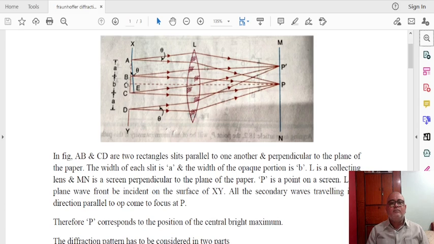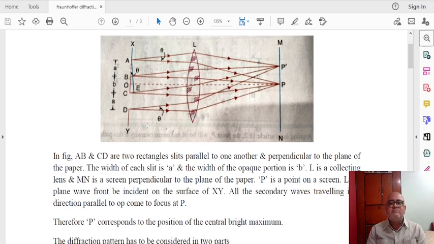Opaque portion is the portion where a number of lines are scratched by, we can say, a fine quality diamond. Then the distance between the two parallel lines is known as the opaque portion. Here the width of the opaque portion is b.